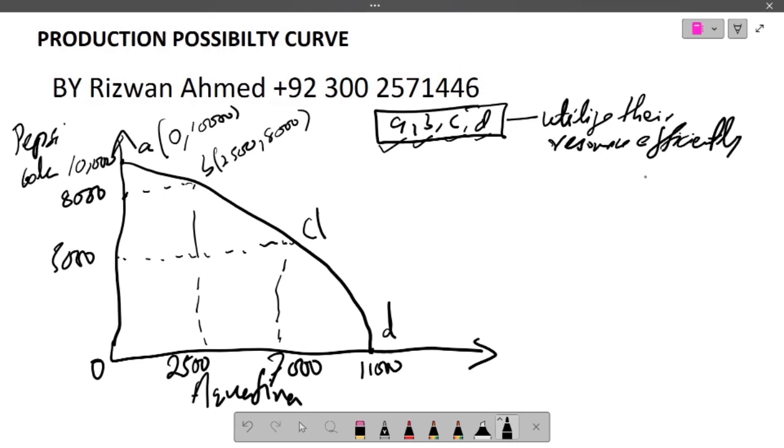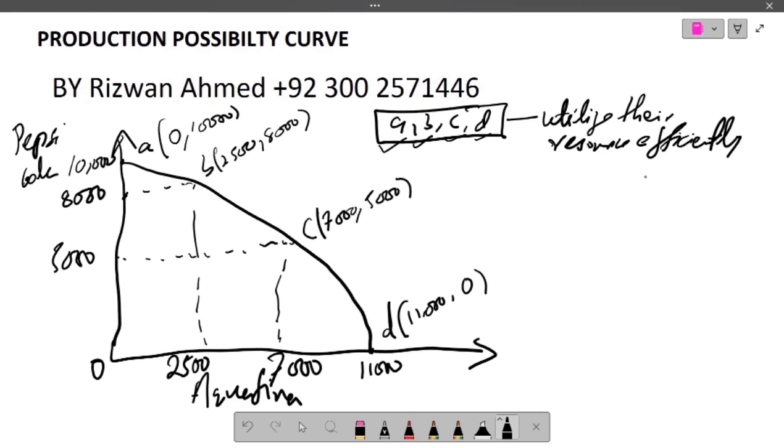Point C shows they are producing 7,000 units of Aquafina and at the same time 5,000 units of Pepsi Cola. And point D shows they are producing 11,000 units of Aquafina and 0 units of Pepsi Cola. So if they are efficient, they can get these possible points.